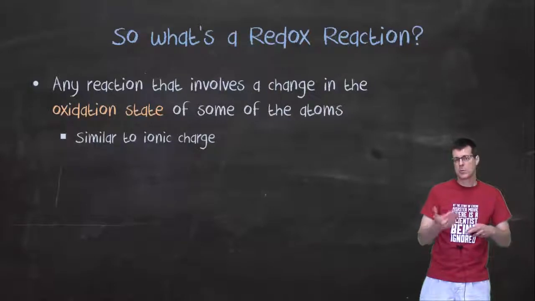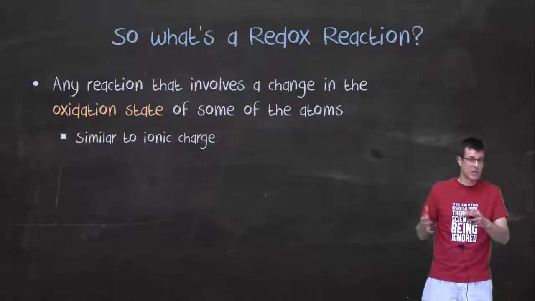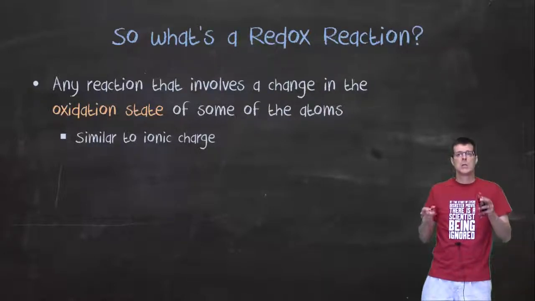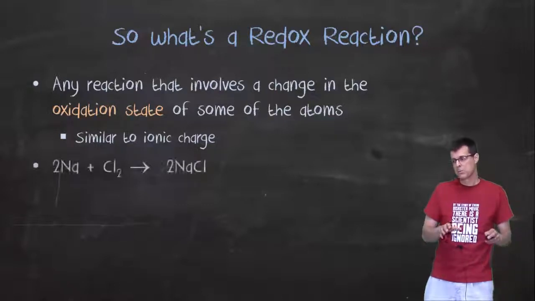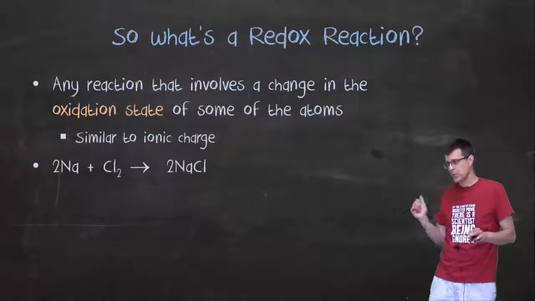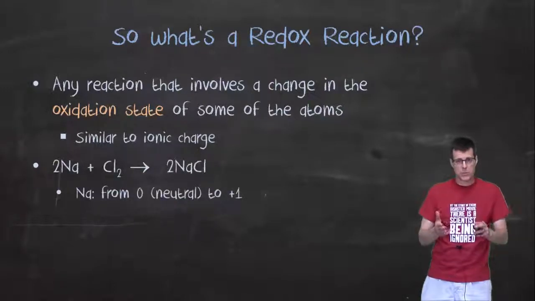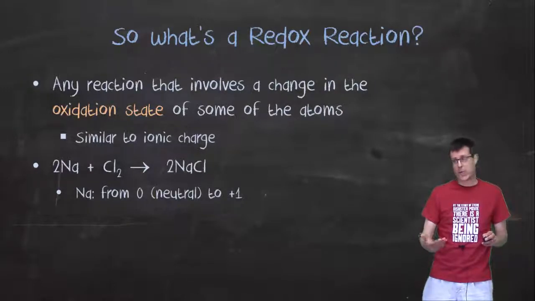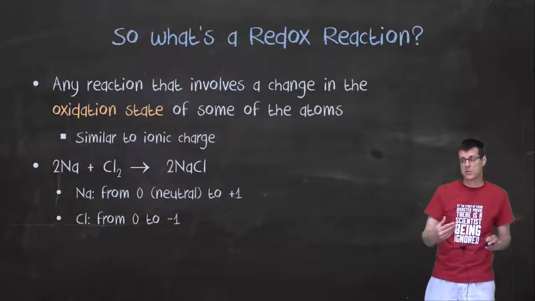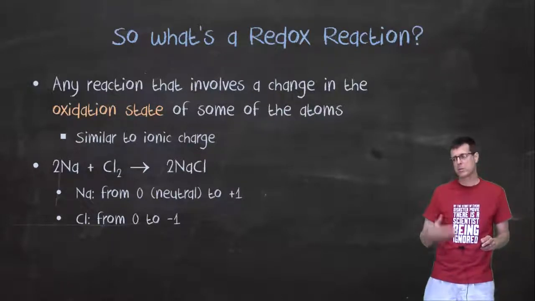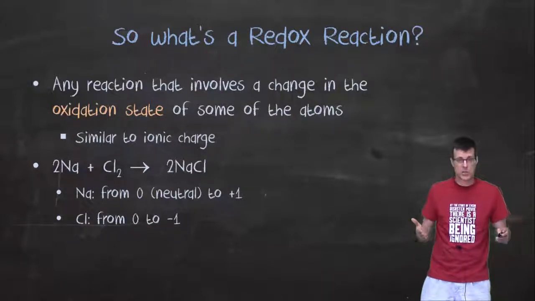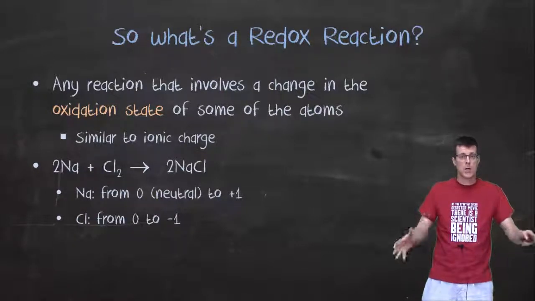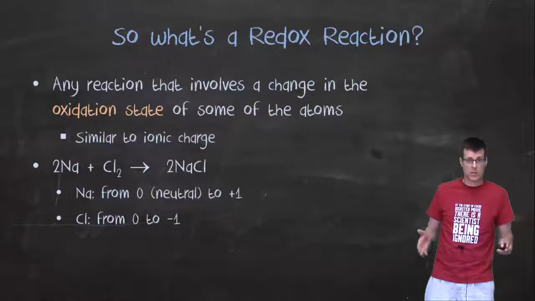But if I'm talking about non-metal bonds, now I'm not talking about ionic bonds, I can still apply the term oxidation state. So for this one, sodium starts out as a neutral atom, reacts to form a +1. Chlorine starts out as a neutral diatomic molecule and becomes a -1. So that formation of the ionic charge, I can now say that's a change in oxidation state.